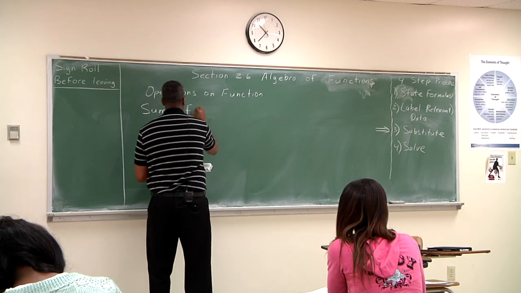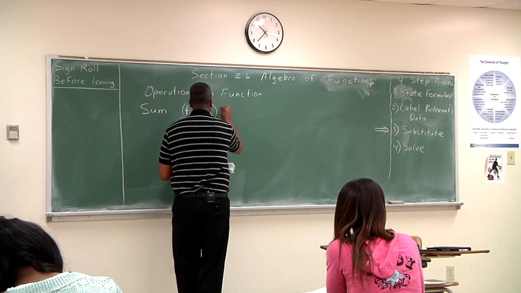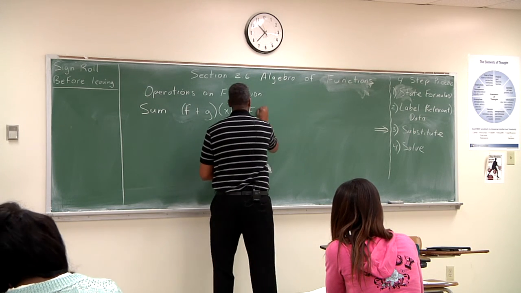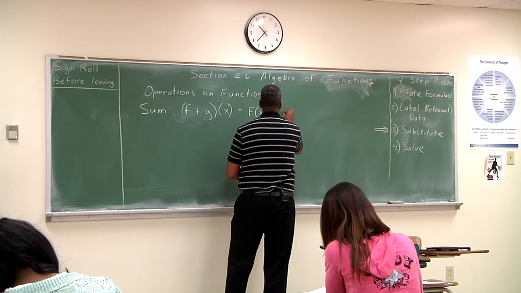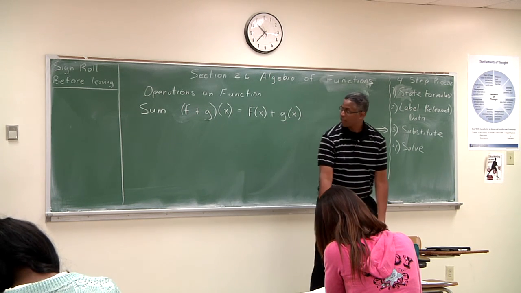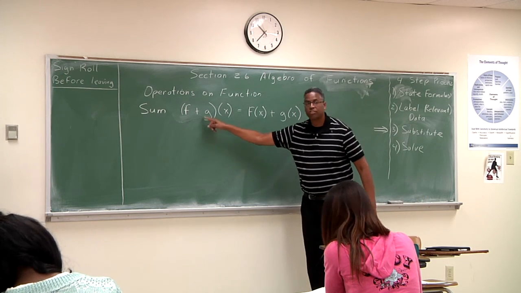And the notation for that would be f plus g evaluated at x equals f of x plus g of x. And the thing I want you to realize is this does not read f plus g times x.